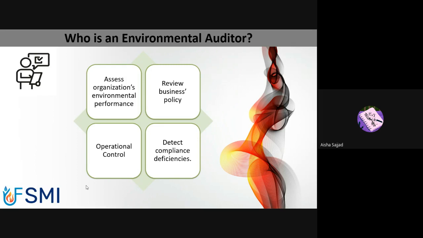He can tell the organization very openly that these are the problems you will have to solve. These are the areas where you lag, and you will have to improve them. This is what we are doing. We are environmental auditors, and we can talk about their improvements and their positive points, but we can also talk about where they lack. We're going to talk about their deficiencies also.